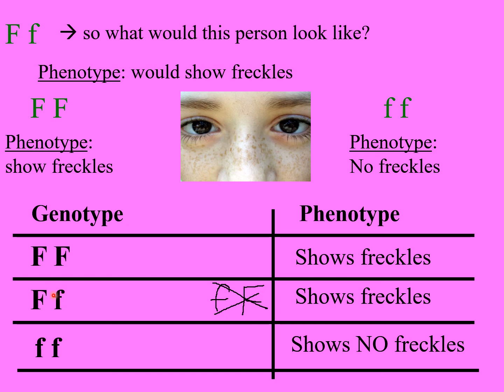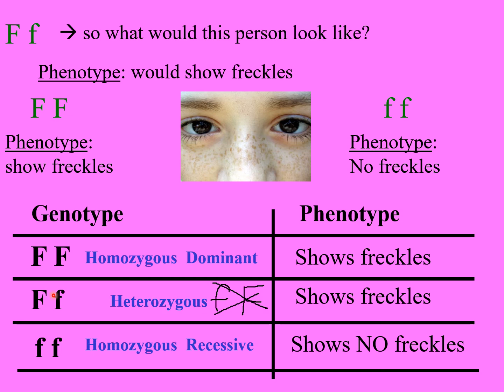And there's 3 other terms you have to get used to with this idea. The terms are homozygous dominant, heterozygous, and homozygous recessive. Now, homozygous means the same, or same zygote, more loosely translated. Same as in both of these are the same case structure. Both are uppercase.